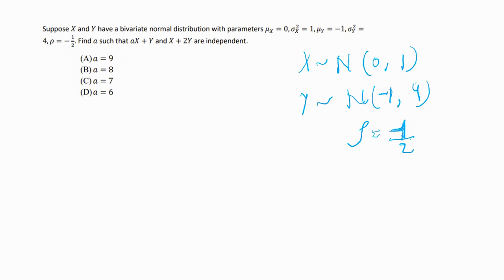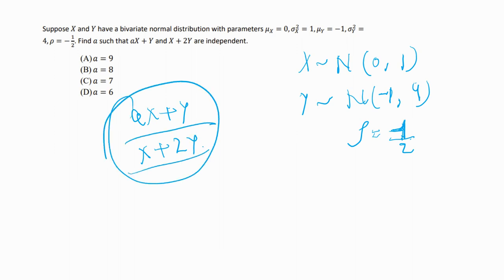So you have two variables, ax plus y and x plus 2y, and we want to find a such that these two are independent. These two will be independent when the covariance between them is 0.